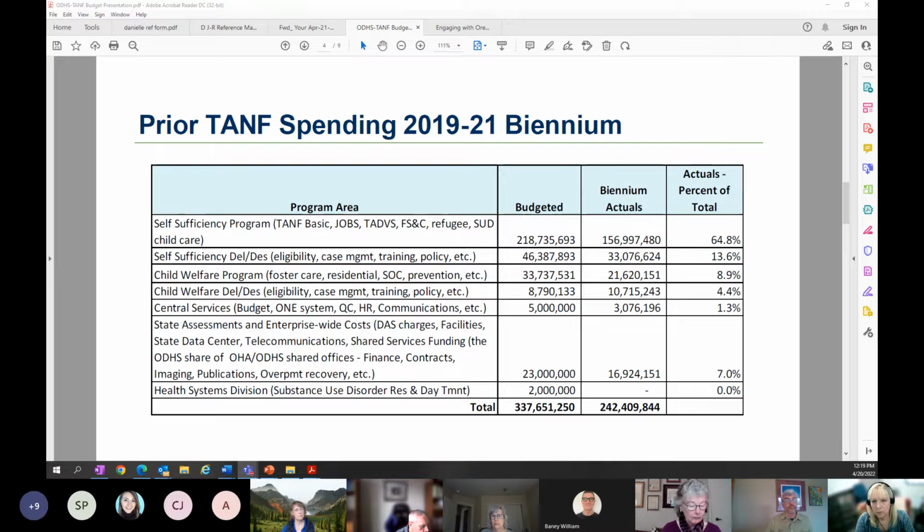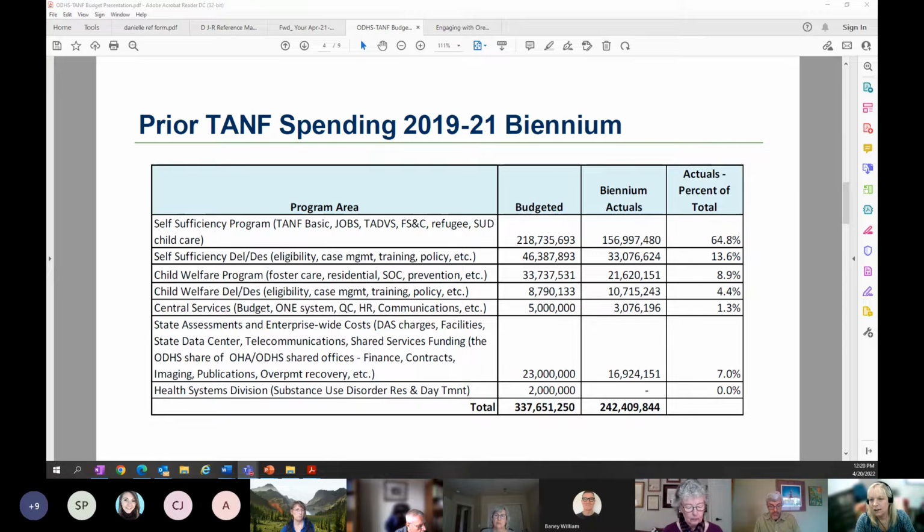Then there was also the central and the state assessment and enterprise-wide costs, which we sometimes call SAEC for short. That is about another 8%, 8 or 9%, give or take. And that's really for the running of all of the rest of the agency. So that includes budget, so a little percentage of my time would get charged there.